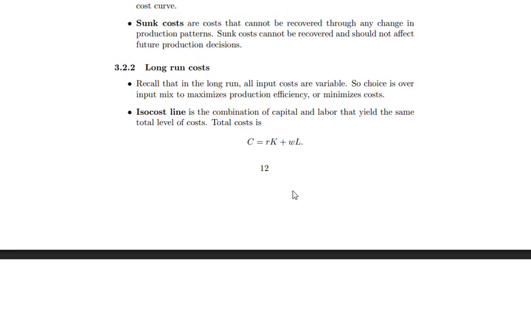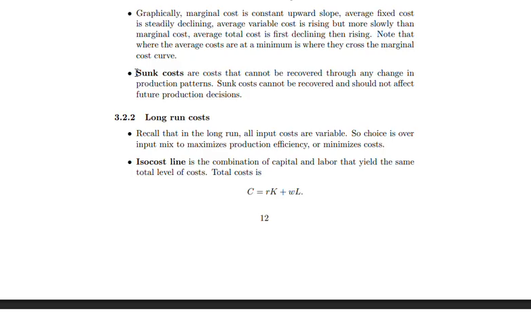That's the short run. And sunk costs are the costs that cannot be recovered through any change in production patterns. Sunk costs cannot be recovered and should not affect future production decisions.